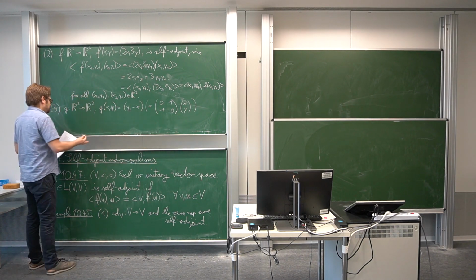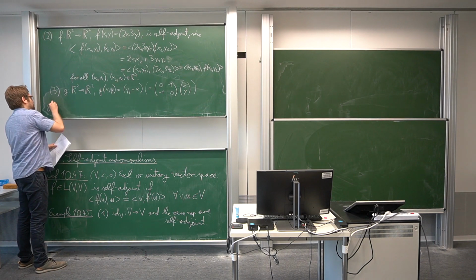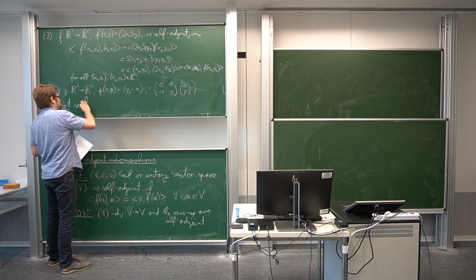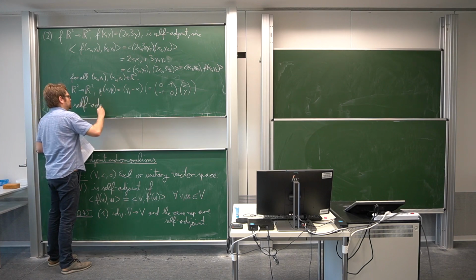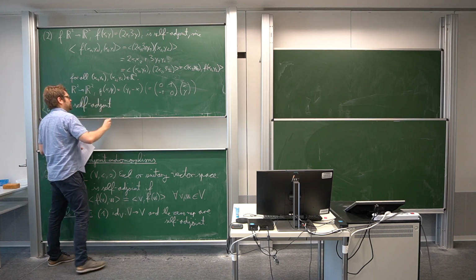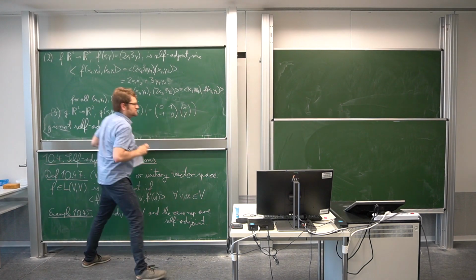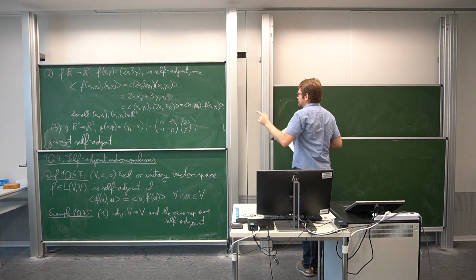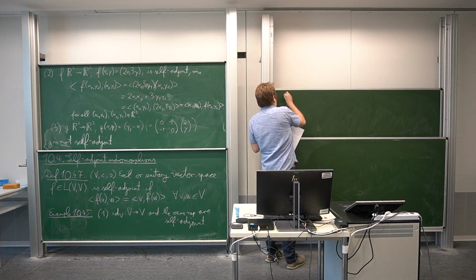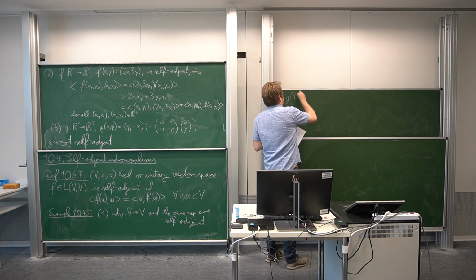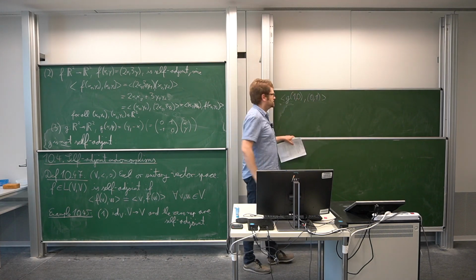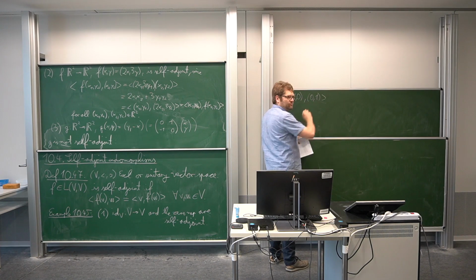Okay, so let's prove that it is not self-adjoint. So for this, let's start with the next backboard. So just a simple computation. We just need to find two vectors for which the self-adjoint relation is broken. So let's check the following: g of (1, 0), inner product with the vector (0, 1). And we have to show that this is not the same as the inner product of (1, 0) with g of (0, 1).